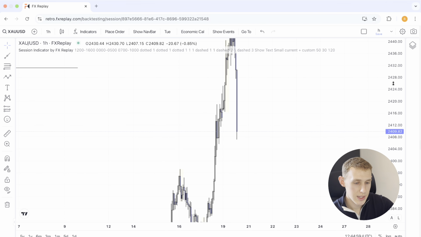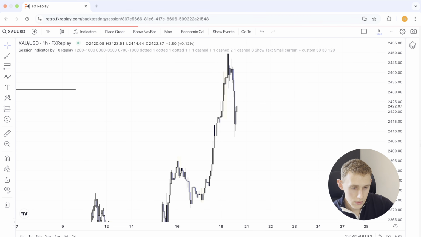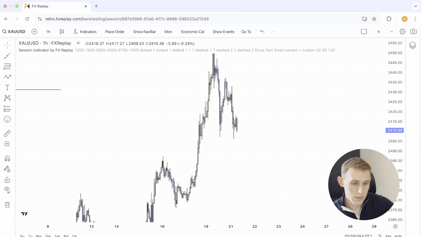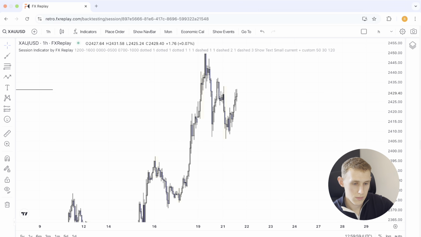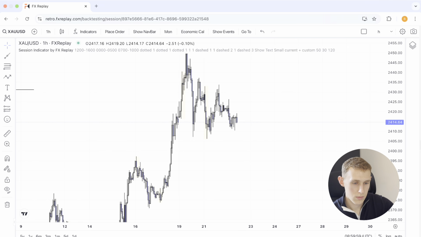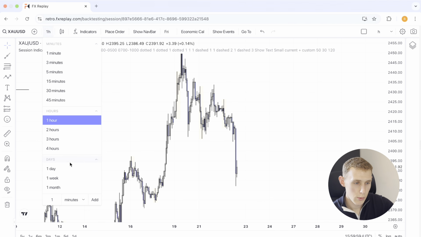And yeah, there you go. So you're starting to see that pullback now. Quite a corrective looking pullback though, so this is kind of what we like to see.